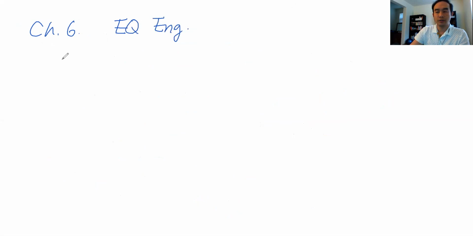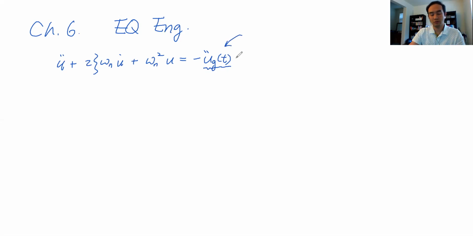Earlier I mentioned that we are now using a little bit different format of the equation of motion: u double dot plus 2 zeta omega u dot plus omega squared u is equal to negative u double dot g of t. So this u double dot g is going to be the data coming from the sensors, the seismograph.